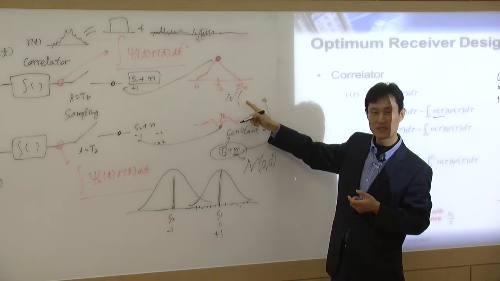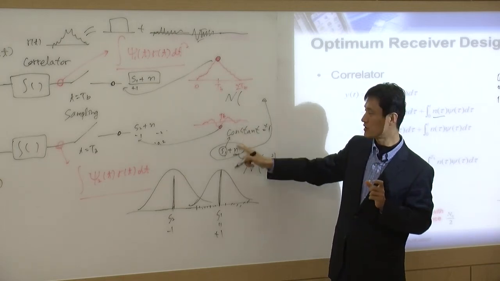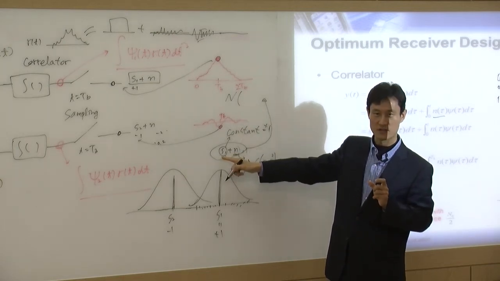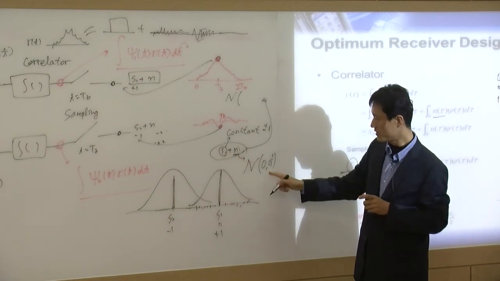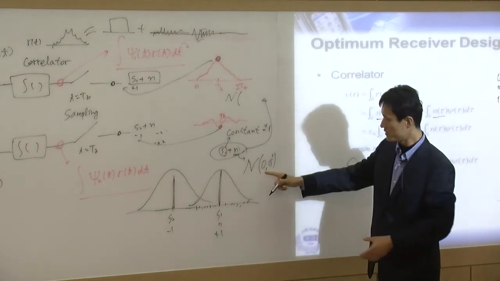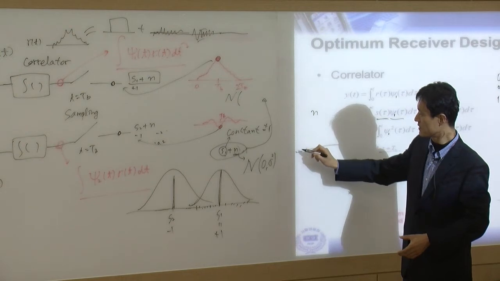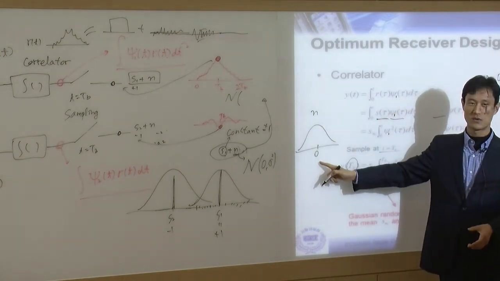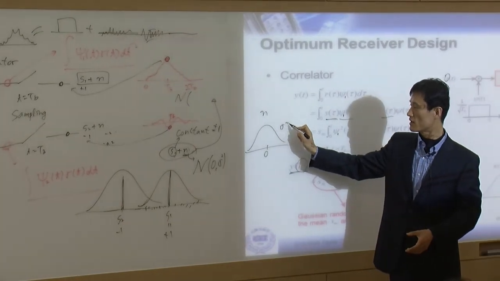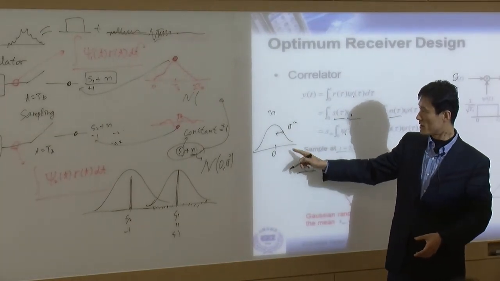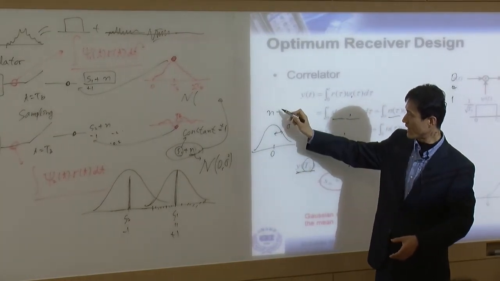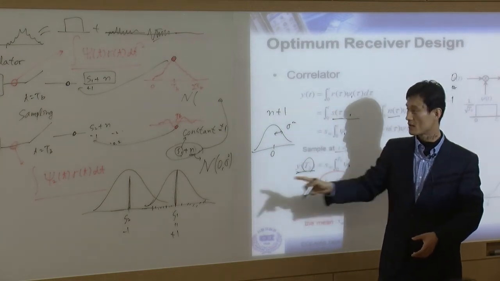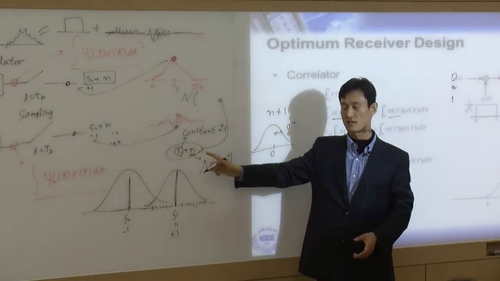Only the mean is changed, because you are just simply adding a constant. The original random variable n looks like this. We have a mean 0 and sigma square as the variance. But now we are adding constant 1.